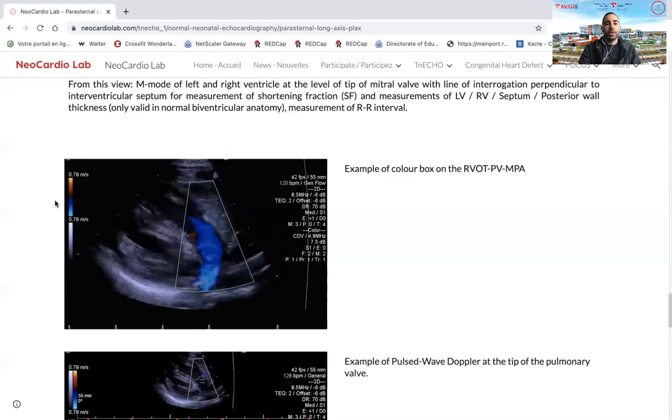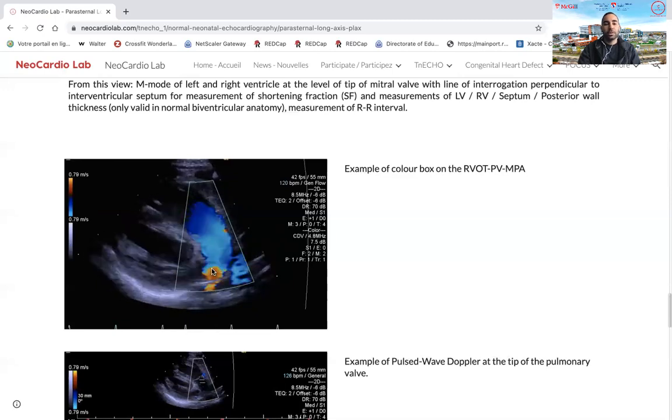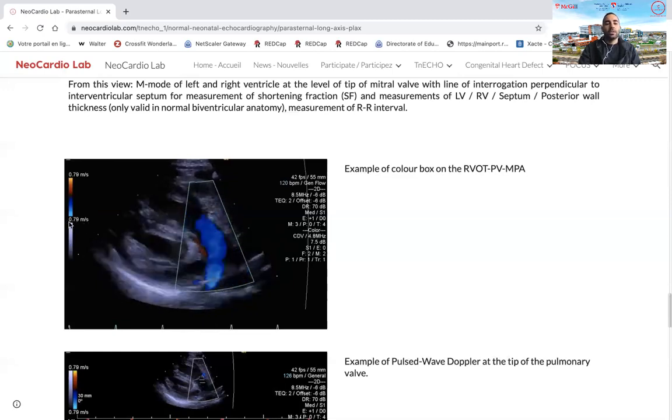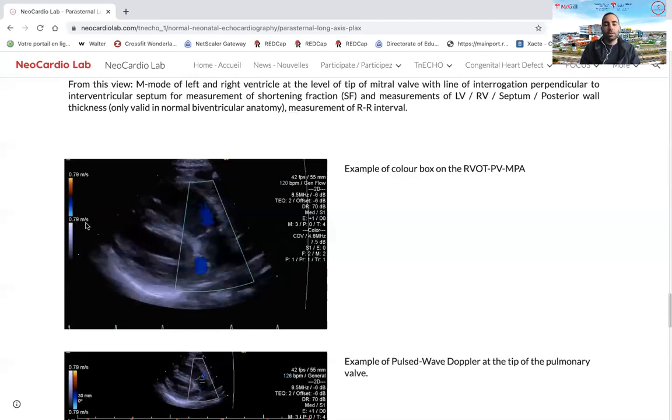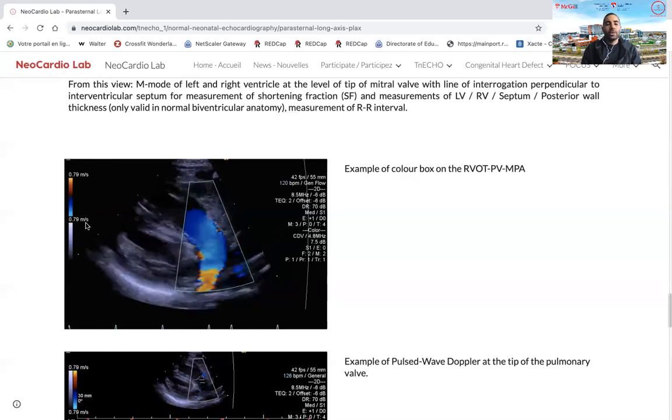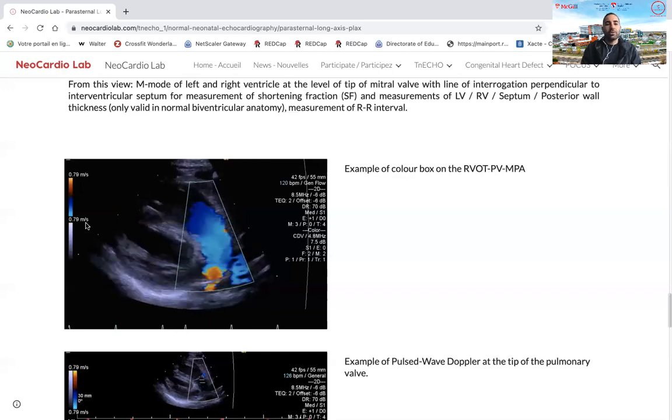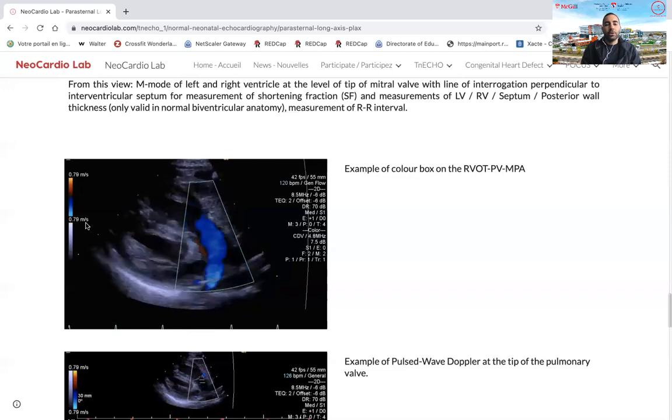So obviously what appears here is the scale that the machine is providing you for the velocity of blood flow detected. And this scale limit, which in nomenclature might also be called the Nyquist or velocity scale, will tell you that it will filter out measurements that are considered to be above the values of 0.79 meters per second in both directions.